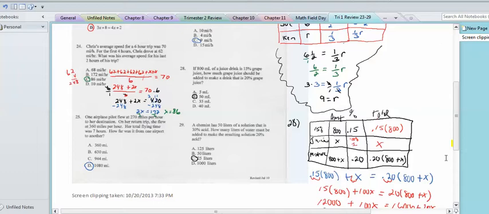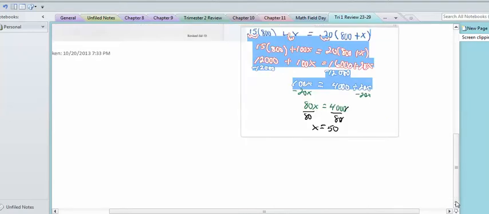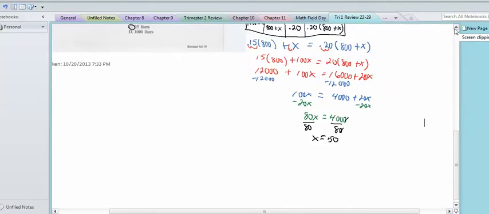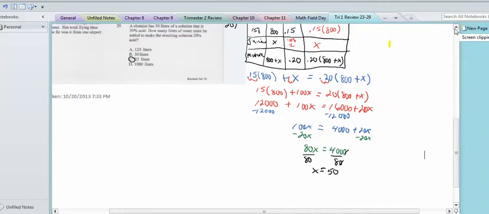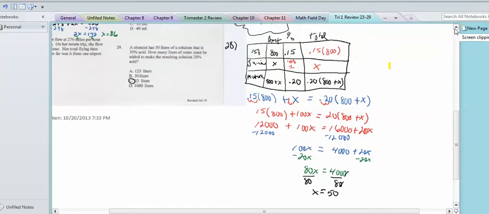So we've got our chart. We're going to do our math. I'm going to move down just a little bit. And there's my work. So if you need to study it, you may want to go back to your notes on this section if you're having a hard time with that.